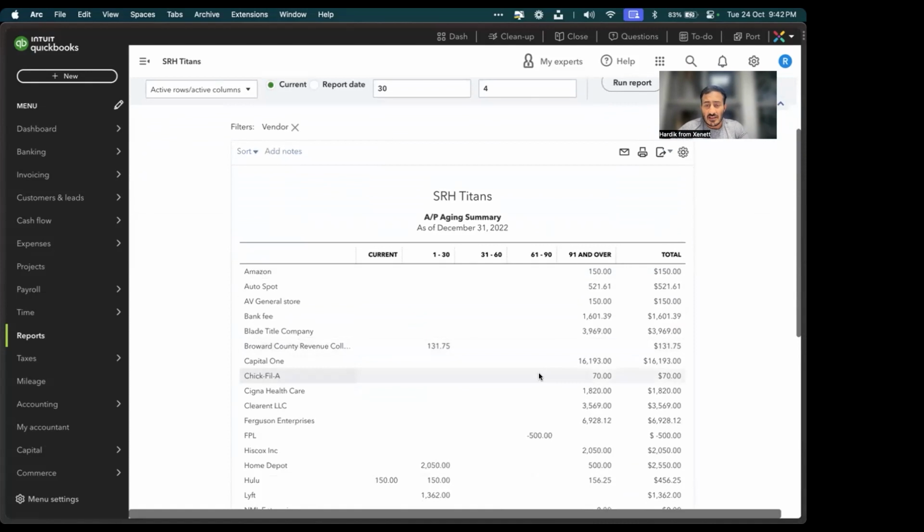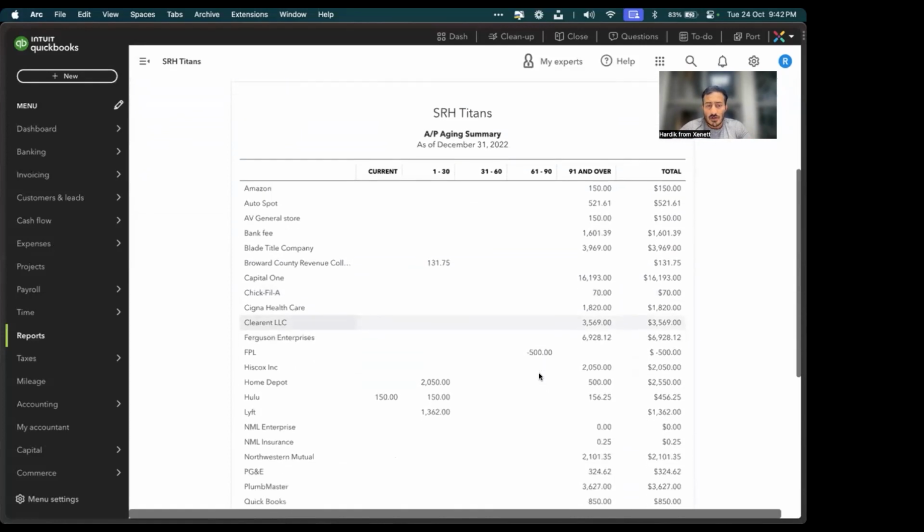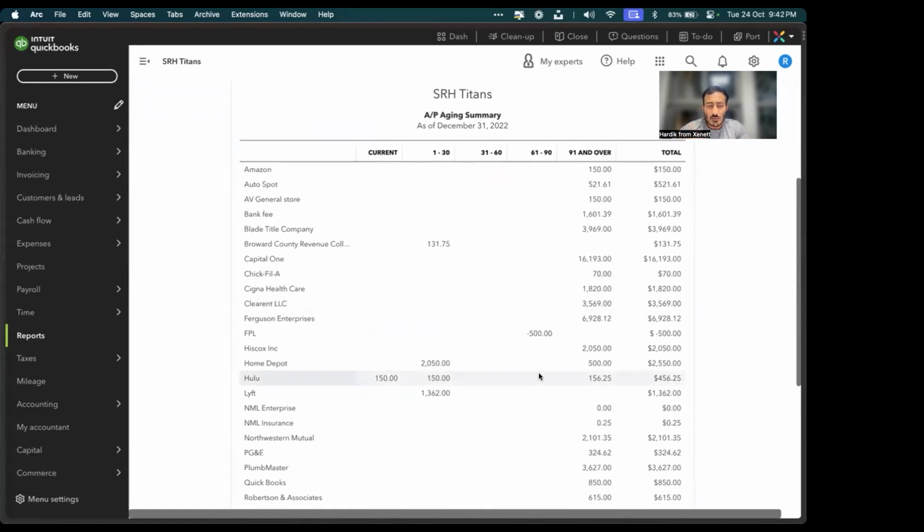Now, there are different things that we have to keep an eye on while reviewing the aging report. Number one is the immediate one, which is the negatives. We should ideally not expect any negative vendor balance in here.